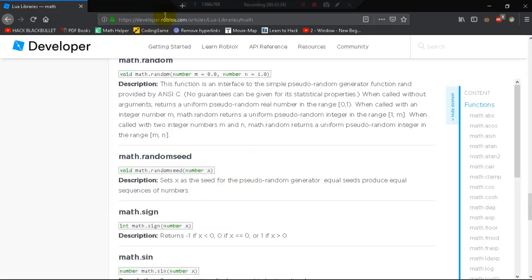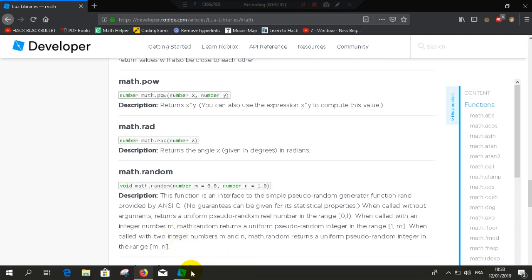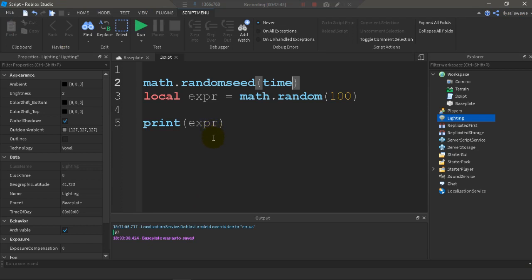So anyway, the OS library in Lua just gives you some functions to communicate with the operating system of your computer.